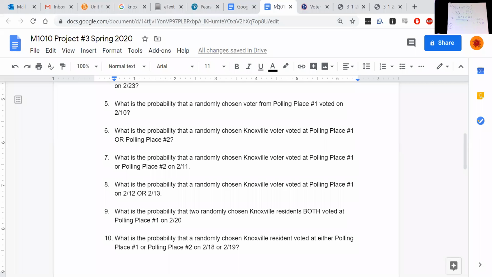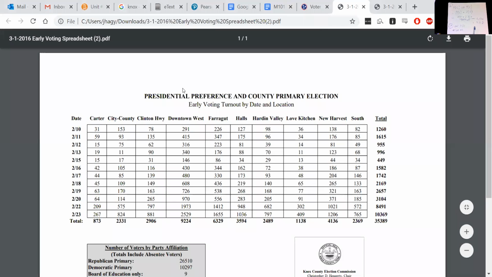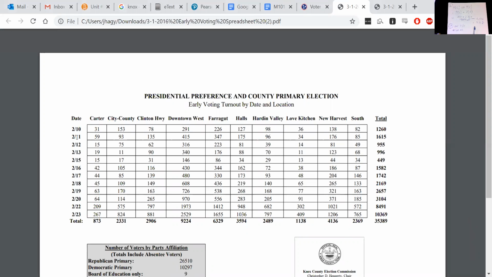Okay, what's next? Question 7. What is the probability that someone voted at either 1 or 2 on 2/11? So if we go to our data, they can be at Carter or at South on the date 2/11.